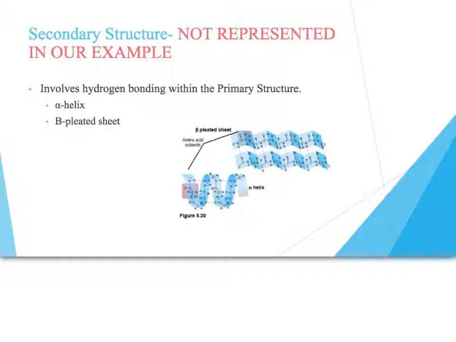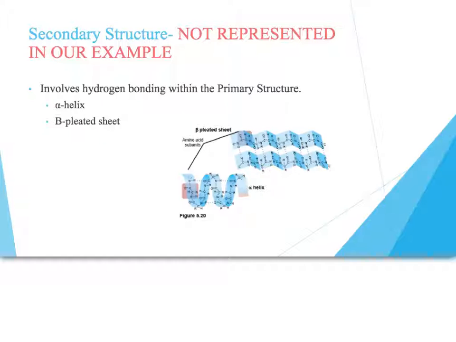However, then we talked about the secondary structure several times, and that is where the inconsistency lies. Secondary structures were not represented in our example yesterday. Secondary structures involve hydrogen bonding within the primary structure of the protein, and they take two forms.